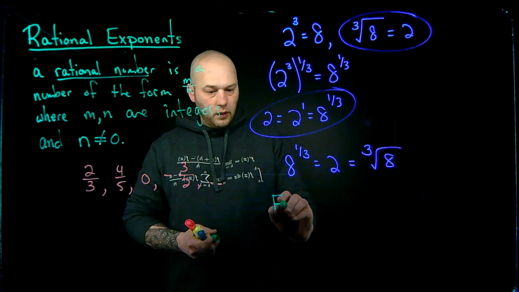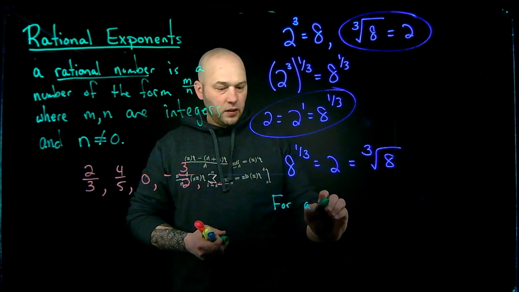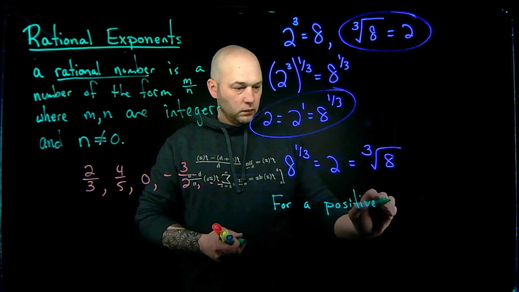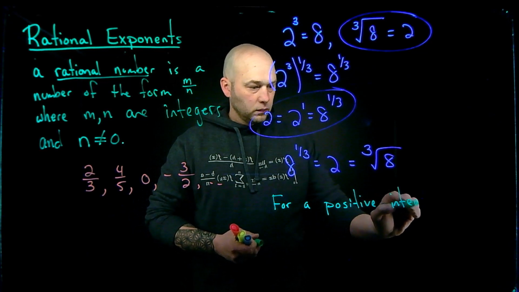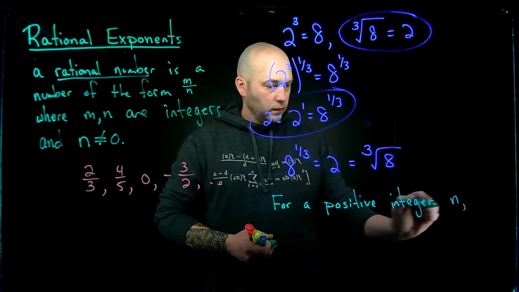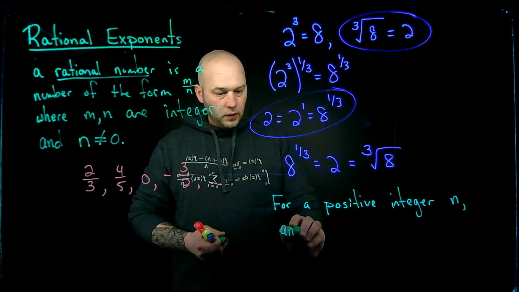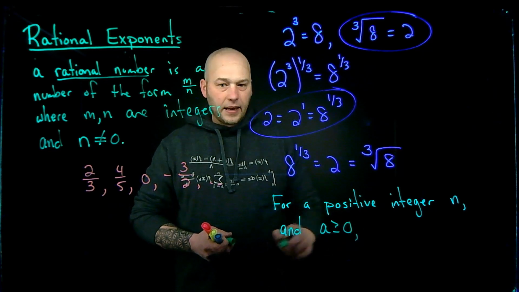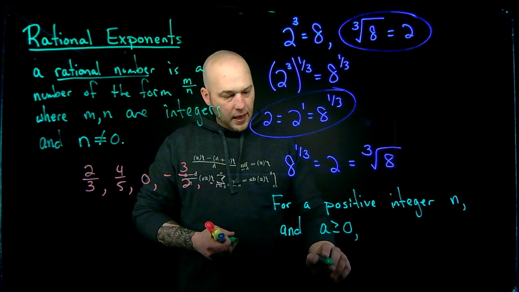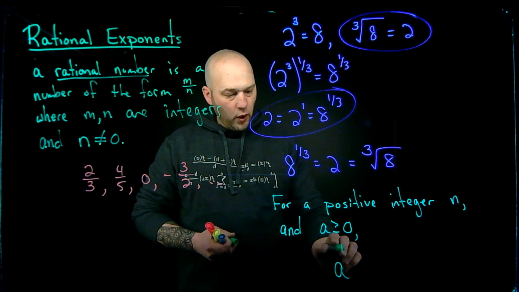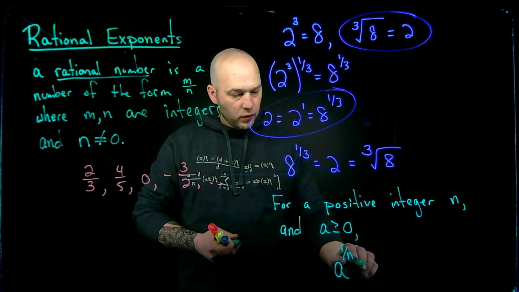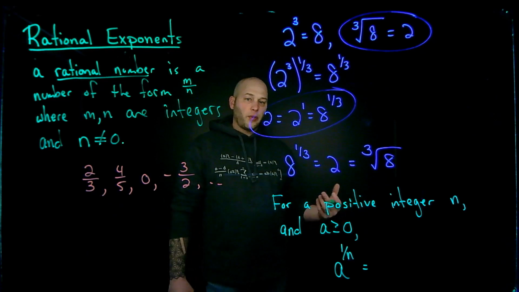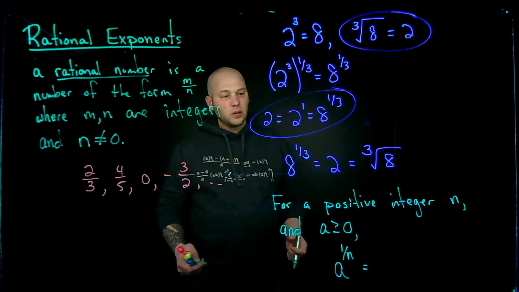For a positive integer n, and let's say a real number a that is non-negative, a to the 1 over n, so in other words, remember that represents like a to the 1/2, a to the 1/3, a to the 1/4, a to the 1/5, so on and so forth.